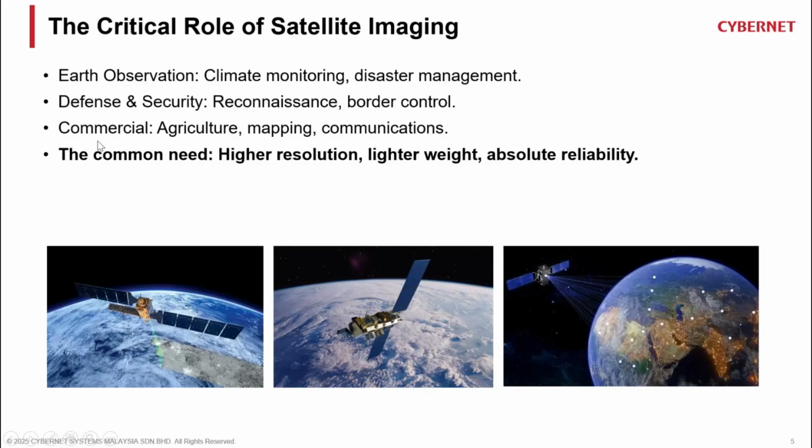And the last one is commercial: we can use satellites to monitor agriculture, and for communication. The common needs for all these applications are high resolution, lighter weight of the satellite, and also absolute reliability. All of this covers ground scanning, weather stations, and also communication using satellites.